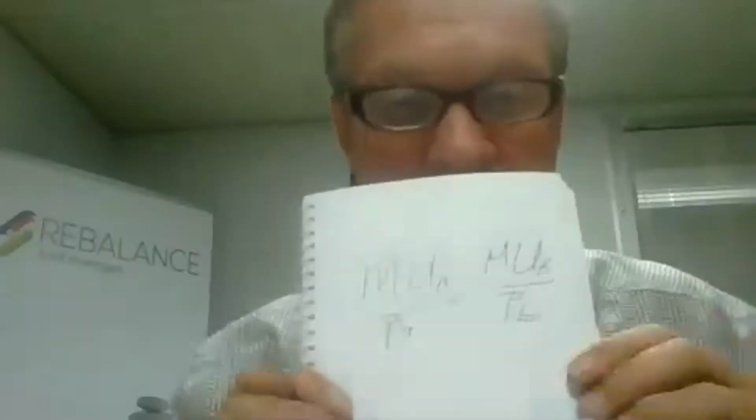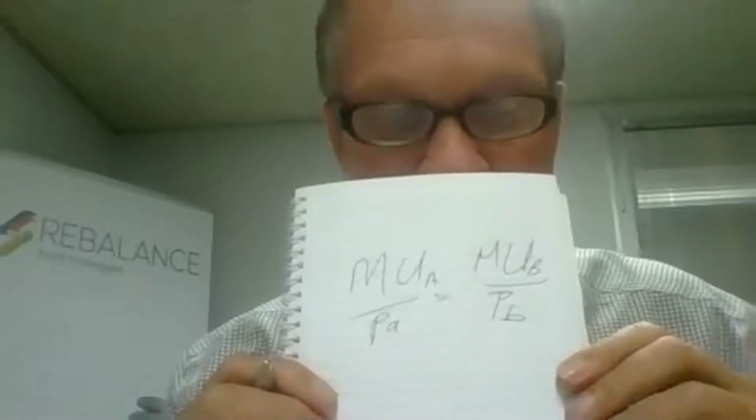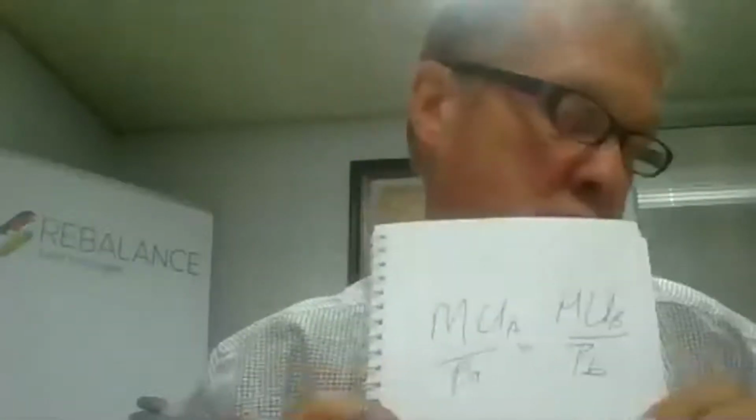Now I want all of you to take a notebook and write down the following equation. It's marginal utility of A divided by the price of A equals, and I'm going to show it to you on the screen, marginal utility of B over the price of B. Marginal utility is MU of any product.